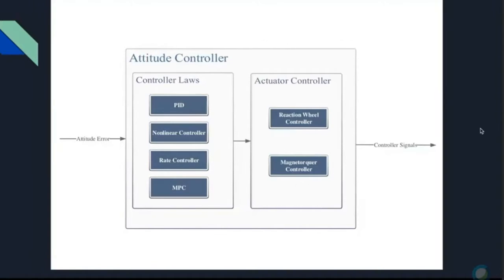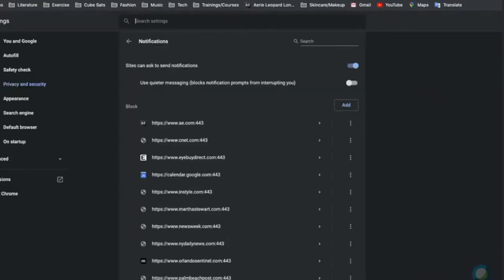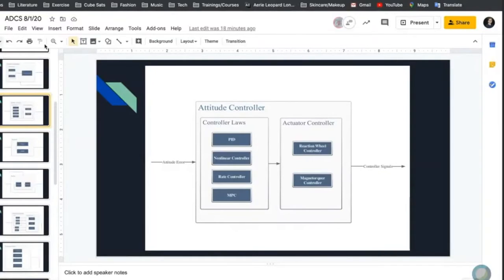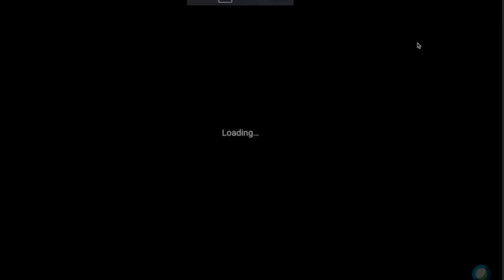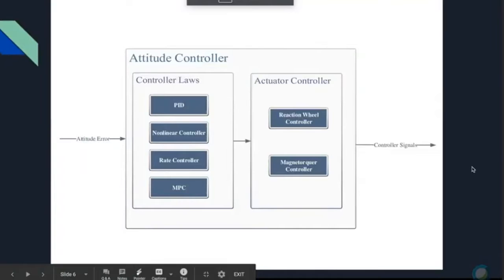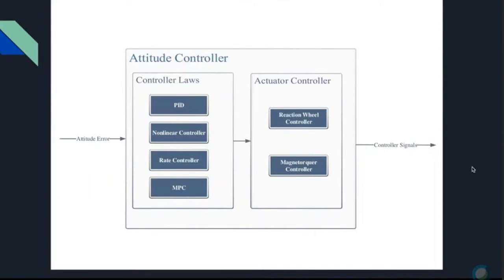For this purpose, this subsystem should include a dynamic model of each actuator, because it varies with time, it is not a static model. Furthermore, this subsystem should have a torque allocation algorithm in order to have better performance and efficiency. Okay, the next slide.